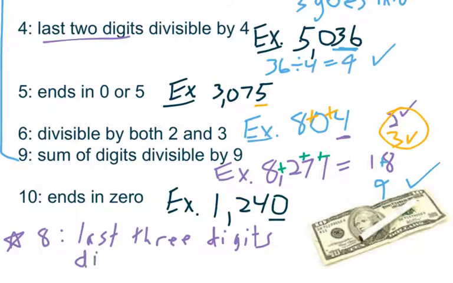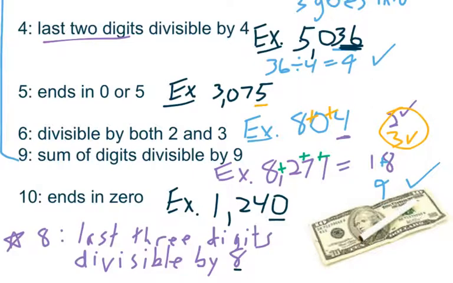And sometimes this is useful, and sometimes maybe it's not as useful. But the reason that works again is because, remember, for 4, we said 4 goes into 100 evenly. That's why you just look at the last 2, because that's what's left over. Well, 8 will go into 1,000 evenly, so that's why you just look at the last 3.